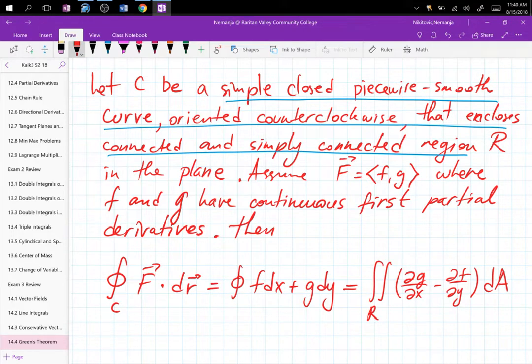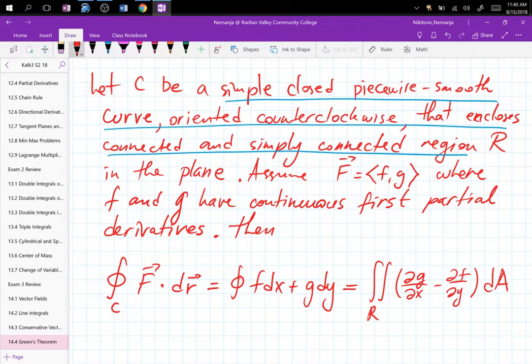Now, before you freak out, line integral equals the region, 1D equals 2D? No, no, no. We know that line integrals compute the area of the curtain, right? So there's that. And then you have a double integral on the other side, dA, so they match. Good. So this is the circulation form.